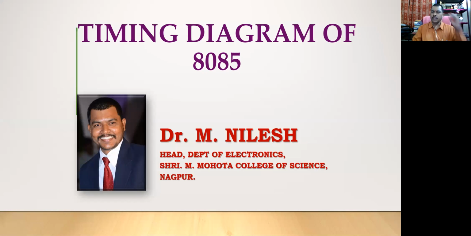Now we will be today going through the timing diagram of 8085. Now, what the timing diagram for 8085 implies is how our microprocessor 8085 is going to work by using these timing diagrams. Actually, what you understand by a timing diagram is we have studied last year how we are going to generate the clock pulses, right?